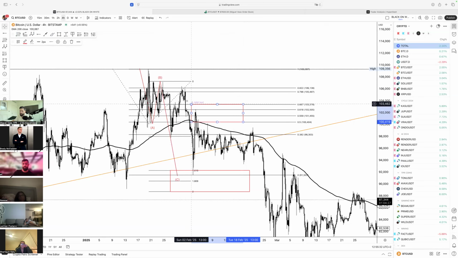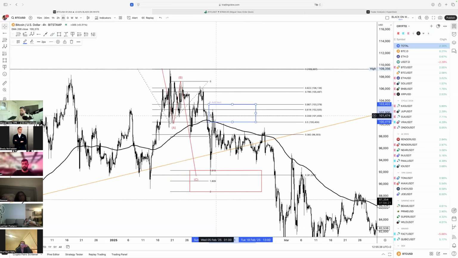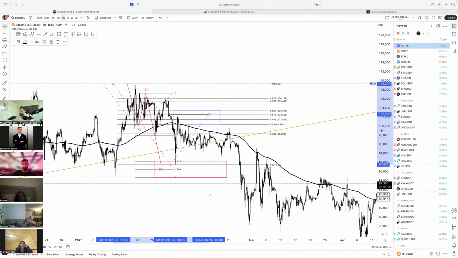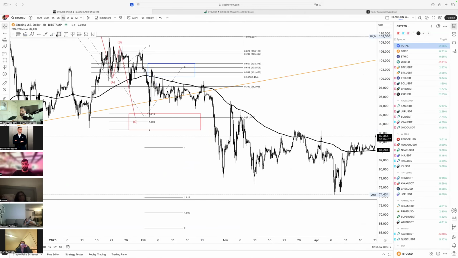Okay, we need to change the color one more time. Let's take yellow. No, yellow makes no sense. Let's take blue. So now we are resulting into a secondary sequence. We take A point, we take C target, we take correction, and then we need to put in this bearish C target that we haven't quite finished yet.